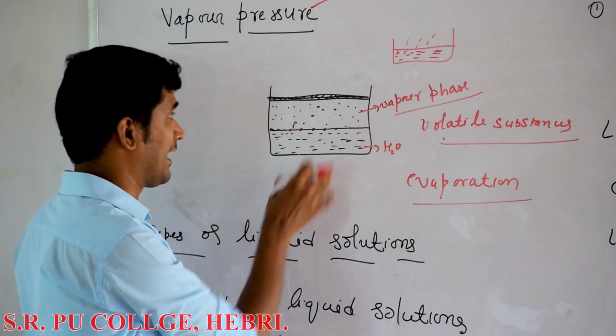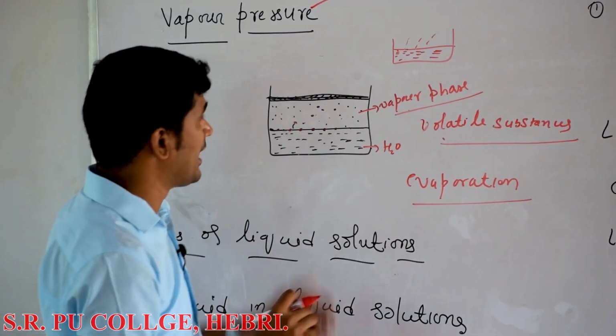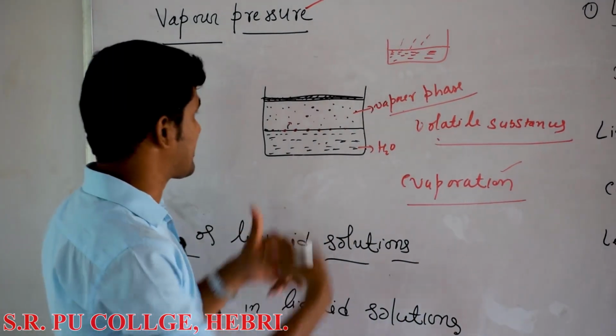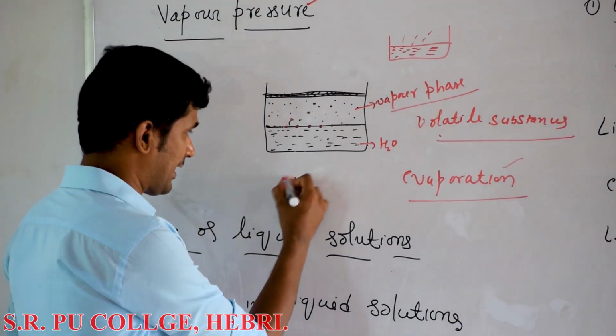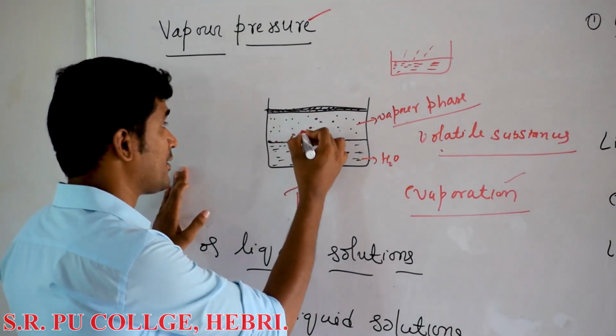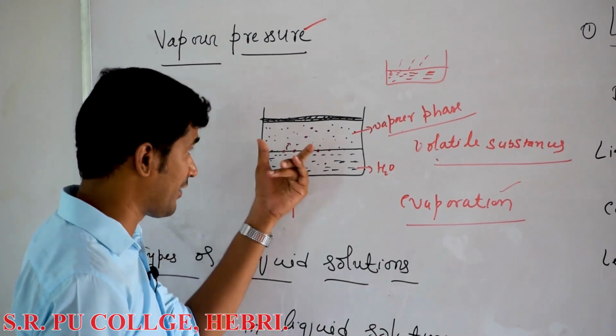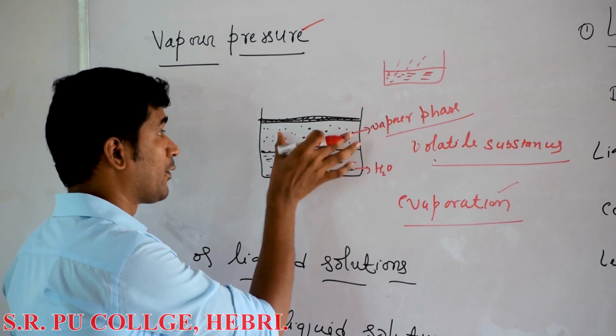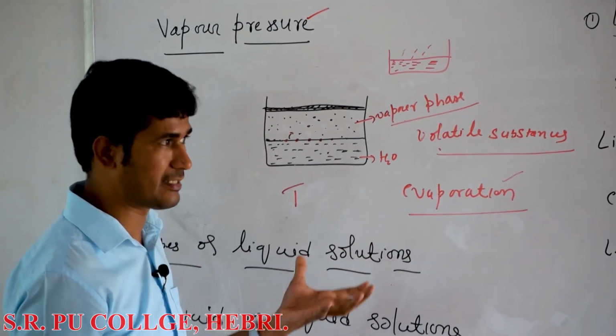As the process of evaporation continues at a given temperature, more and more molecules enter the vapor phase, and the pressure above the surface of the liquid slowly increases.